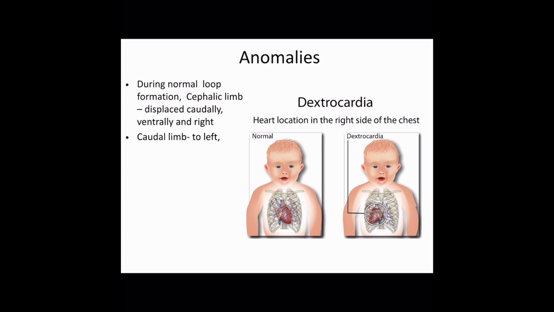This dextrocardia could be only dextrocardia, or it may appear as situs inversus. In dextrocardia only, the heart alone is on the right side, and the rest of the organs in the abdomen are normally situated. But in situs inversus, all the structures which are supposed to be on the left side are on the right, and the structures which are supposed to be on the right side are on the left side.